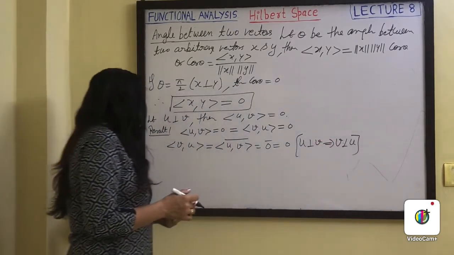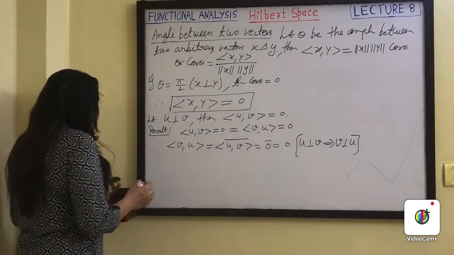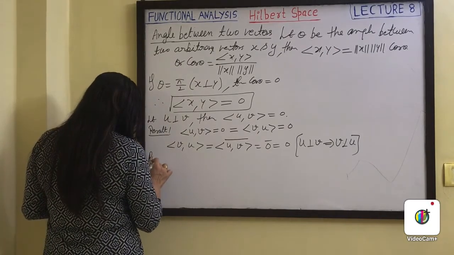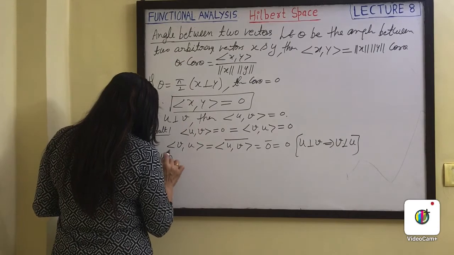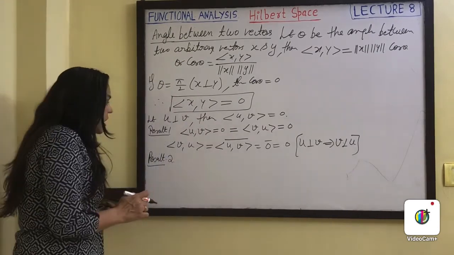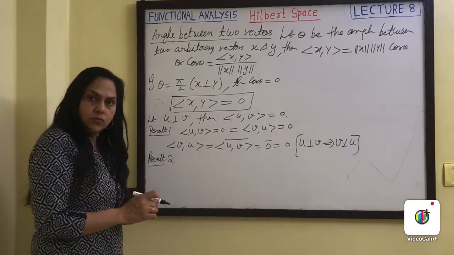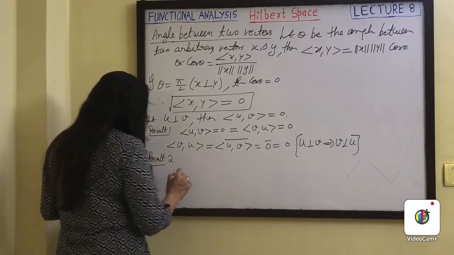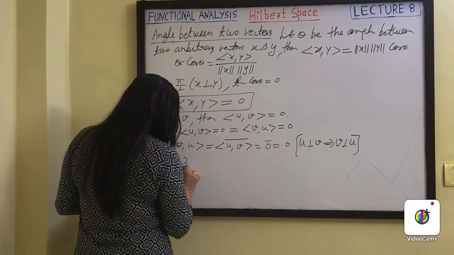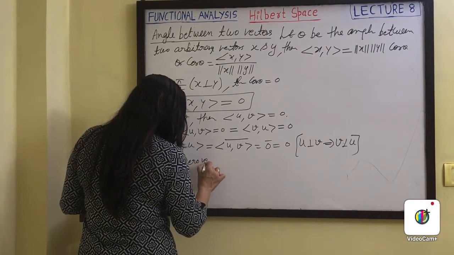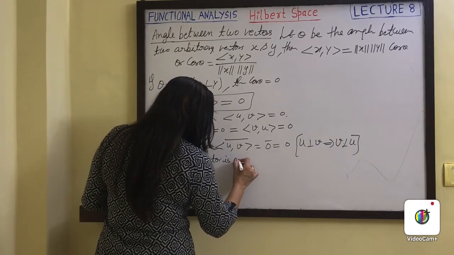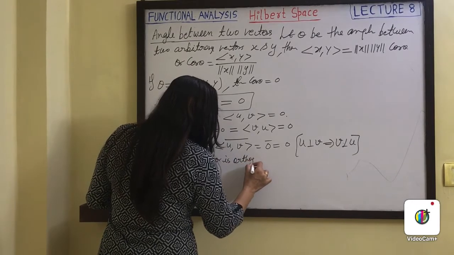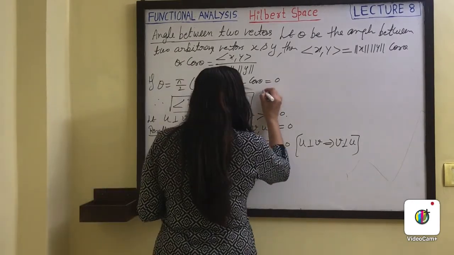Now the second result. Zero vector is orthogonal to every vector. Zero vector is orthogonal because this is a condition of orthogonality.